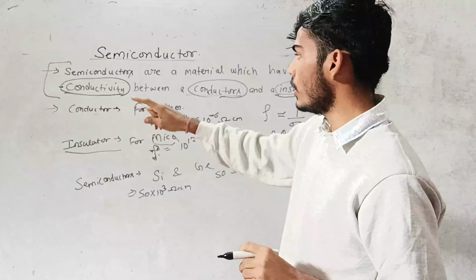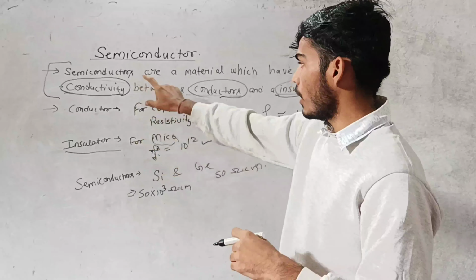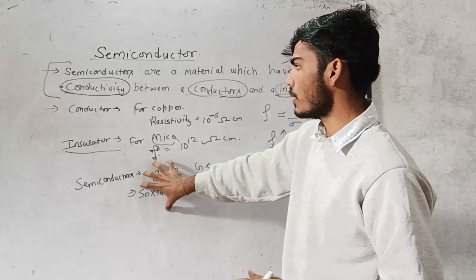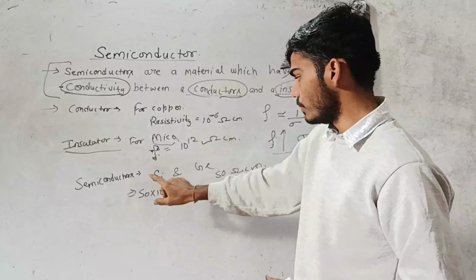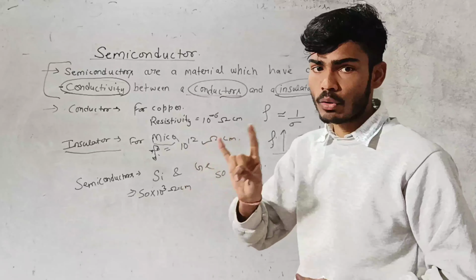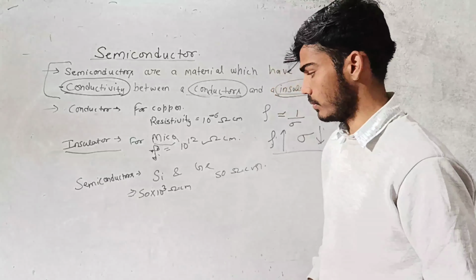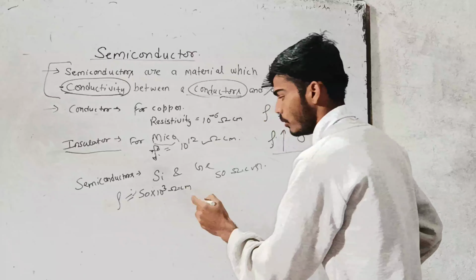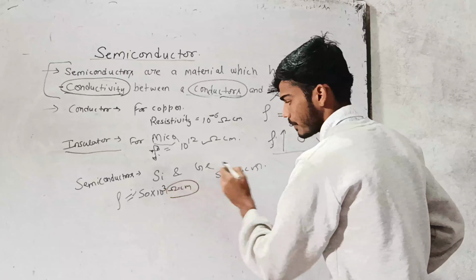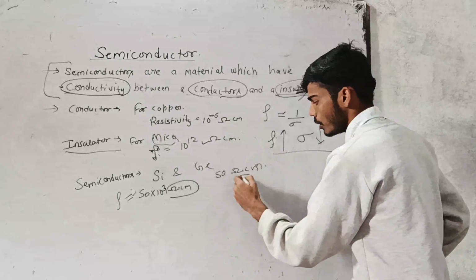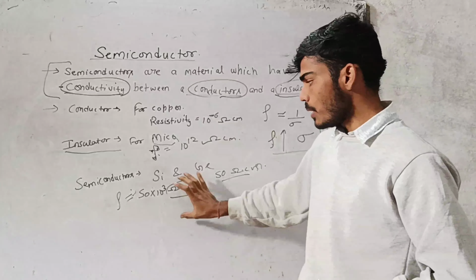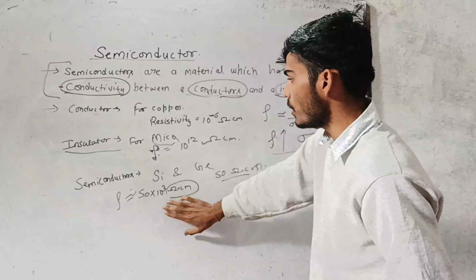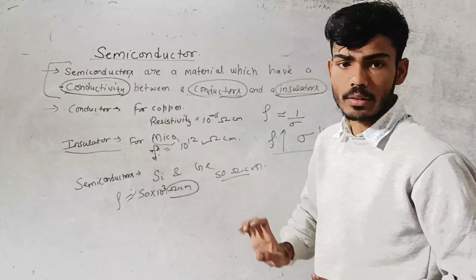Let's take the example of semiconductor first, then I will explain this. Silicon and germanium are two examples of semiconductor. For silicon, our resistivity is 50 into 10 to the power 3 ohm centimeter, and for germanium it is 50 ohm centimeter. You can see its resistivity is between conductor and insulator.